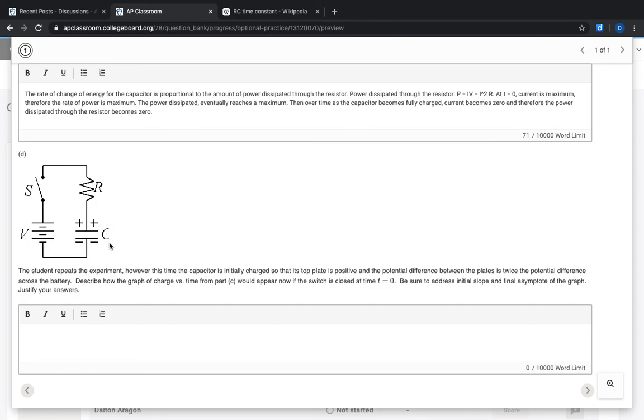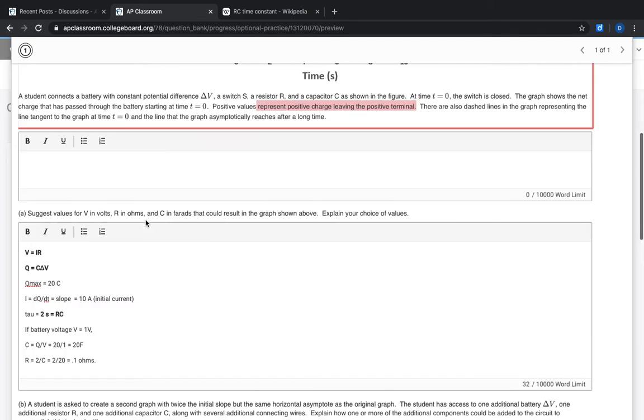And if this has a larger amount of voltage, that means that initially the current is going to go counterclockwise and it's going to come out the negative end of the battery. Okay, and just based on sort of the symmetry here, we could just assume that the rate of charge initially is going to be negative of what it was here.